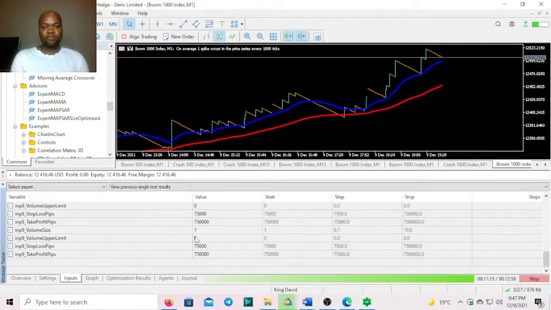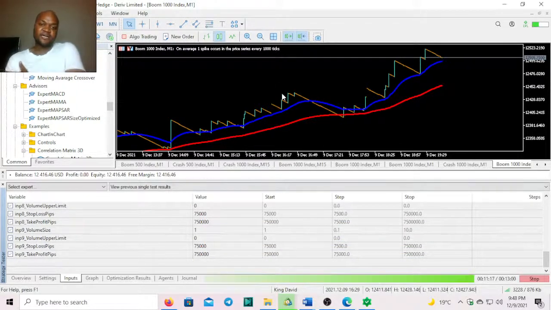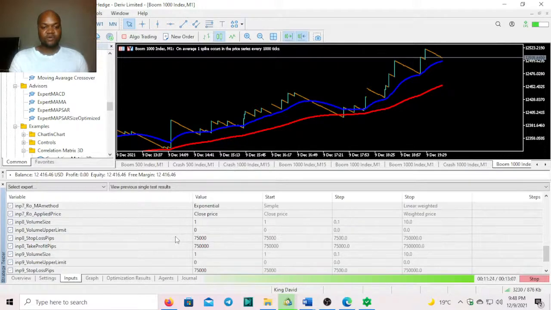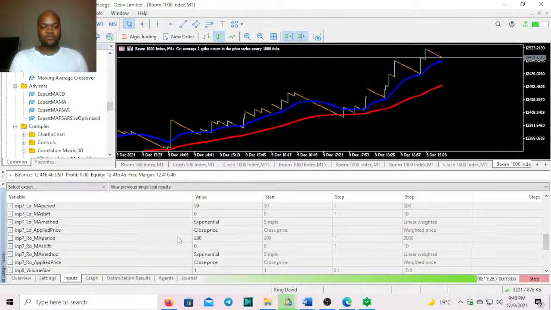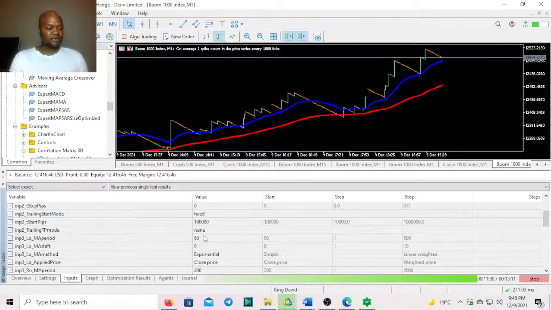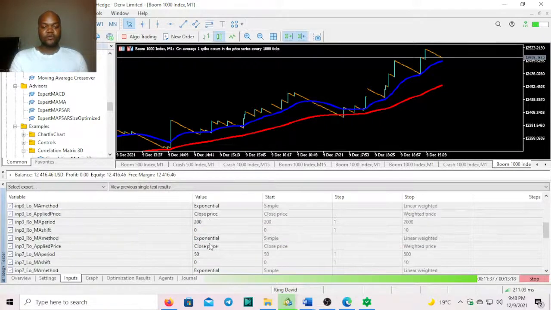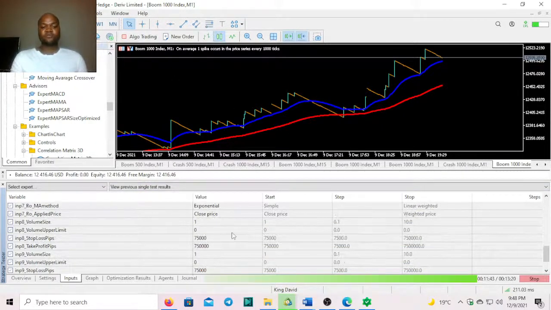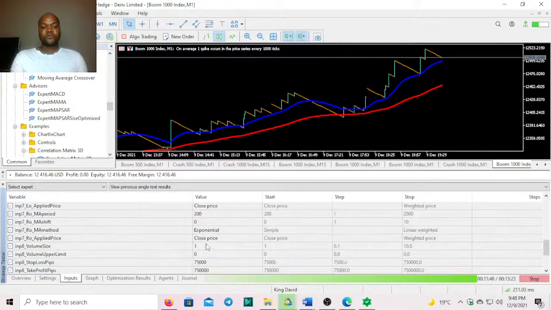The parameters that are currently operating are for Boom 1000 and Crash 1000. If you want me to design another one for Boom 500, you have to pay a fee. This one that is free, you can use on Crash and Boom 1000, but you can play around with these figures and see the best combination that will work for you.